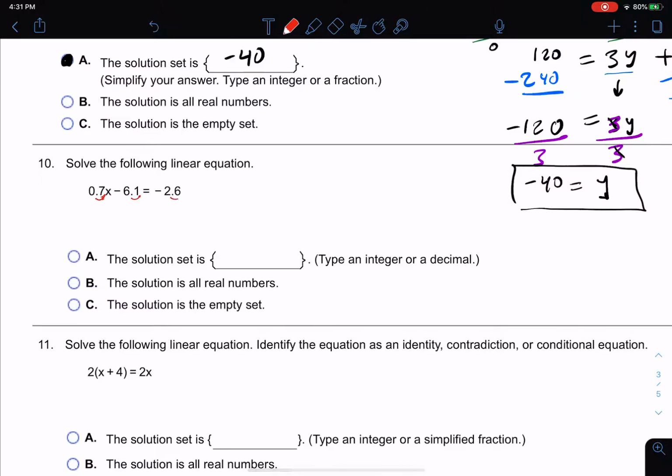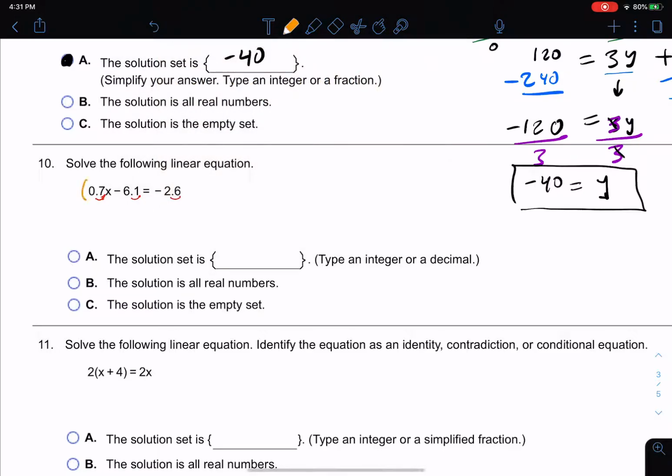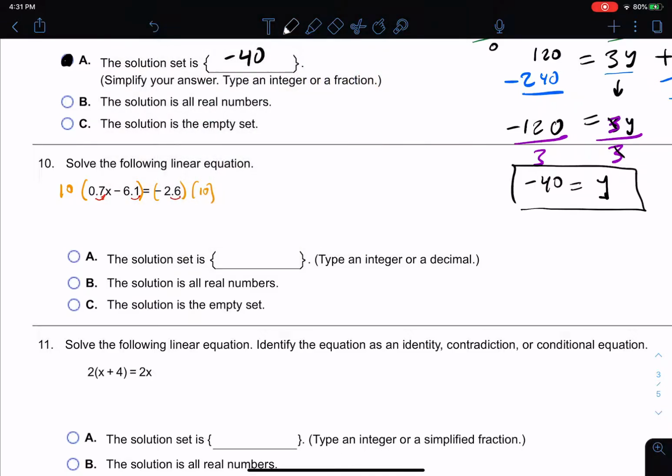They just move it over one place. Technically, what you're doing is multiplying every term on the left by 10 and every term on the right by 10, which just moves the decimal to the right one place. So for some people, they would view this without decimals, moving each decimal to the right.